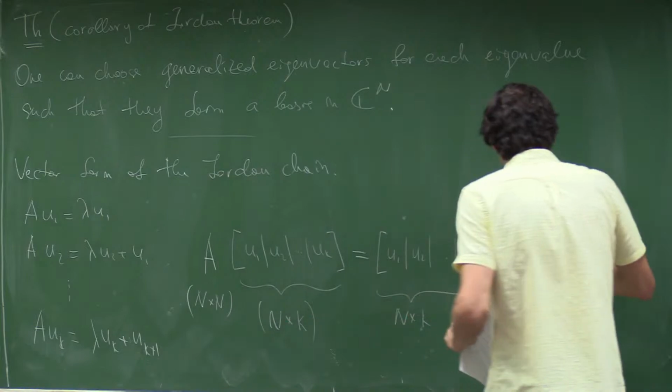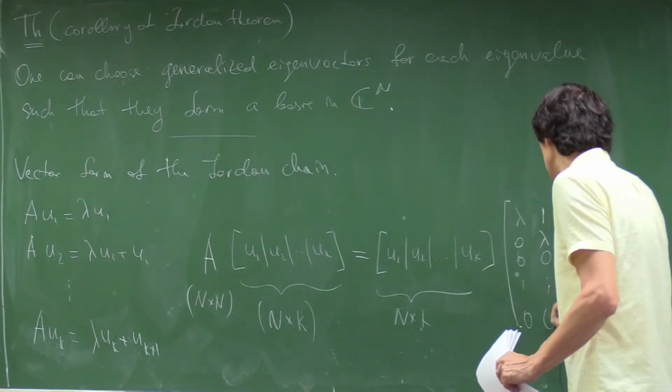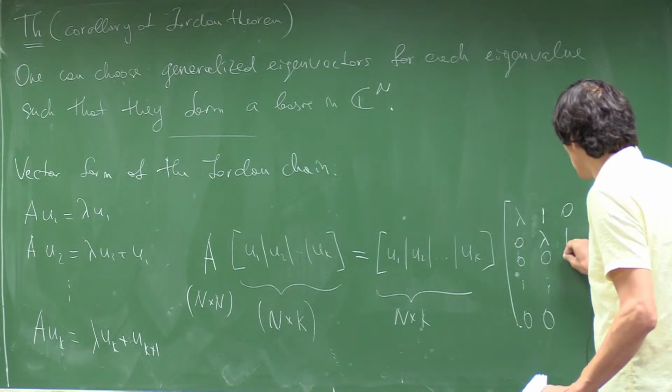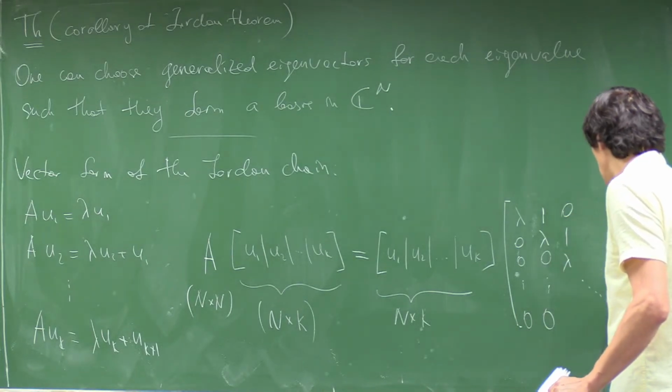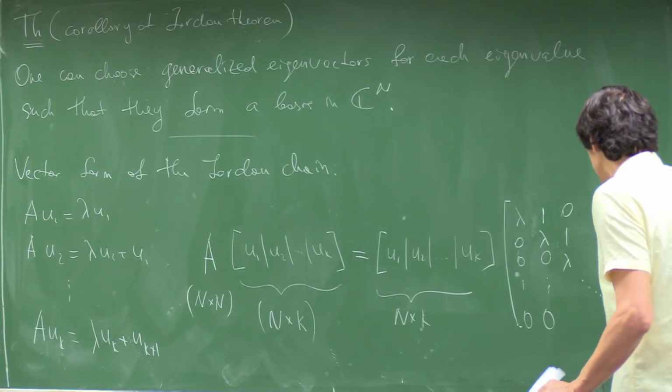So here you put 1, lambda, 0, 0, and so on. The next will be 0, 1, lambda, until the last.